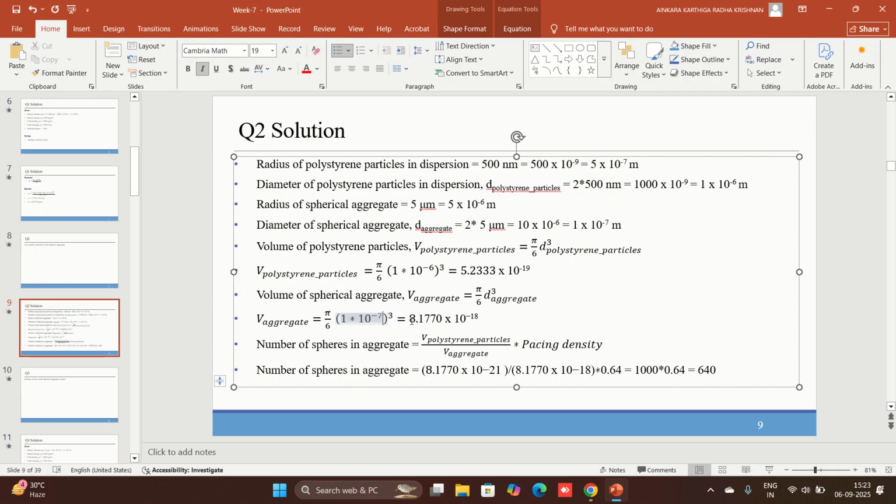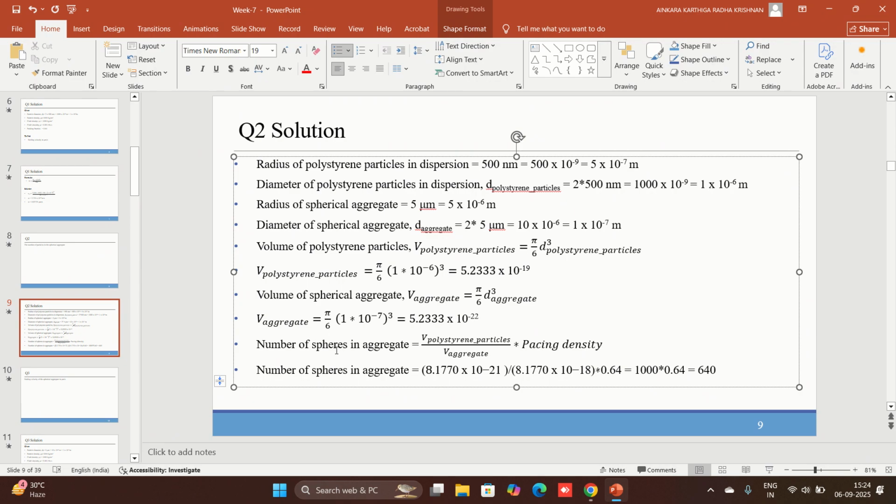So again this will become 5.2333 into 3.14 divided by 6 into 10 power minus 21. So it will be minus 22.